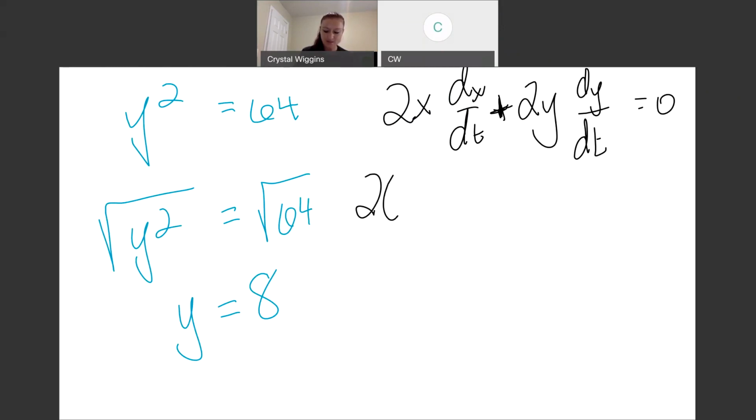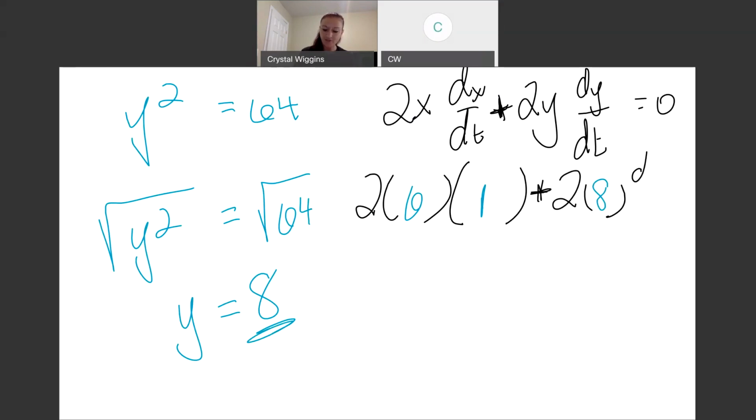I have 2 times x, which is 6, times my dx/dt, how fast the bottom of the ladder is sliding out against the wall, and that is 1 foot per second, plus 2 times y, which we just calculated to be 8, times dy/dt.